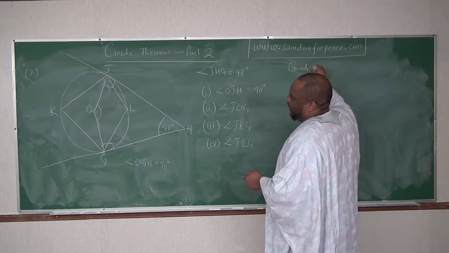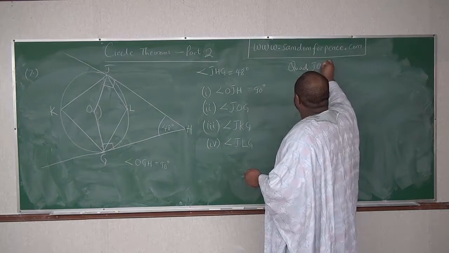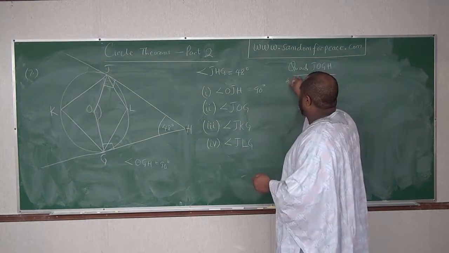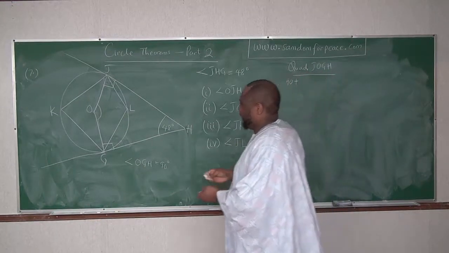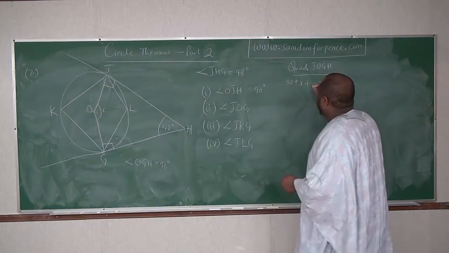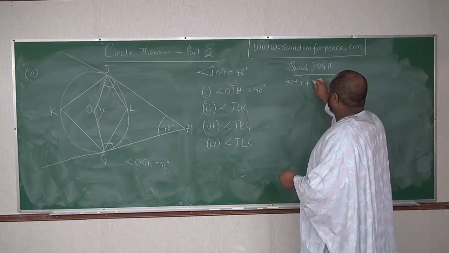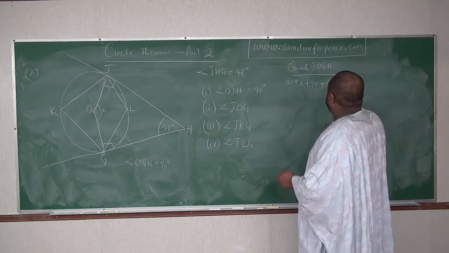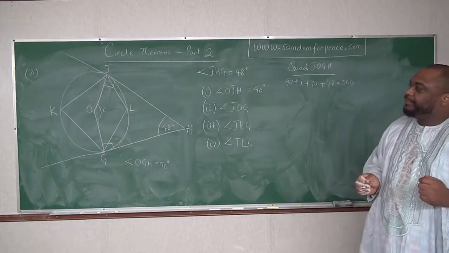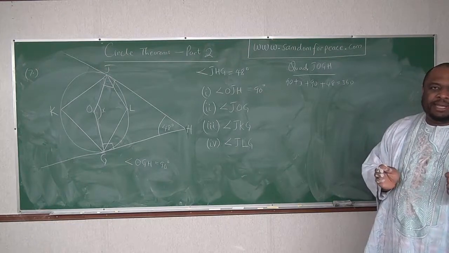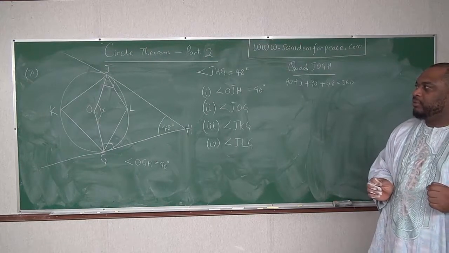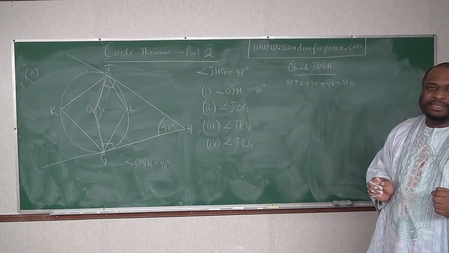So with quadrilateral JOGH, let me call this X. 90 plus X plus 90 plus 48 is equal to 360. Reason: the sum of the interior angles of a quadrilateral is 360 degrees.